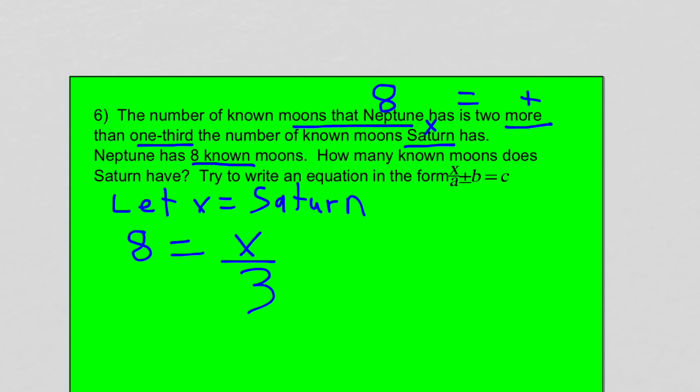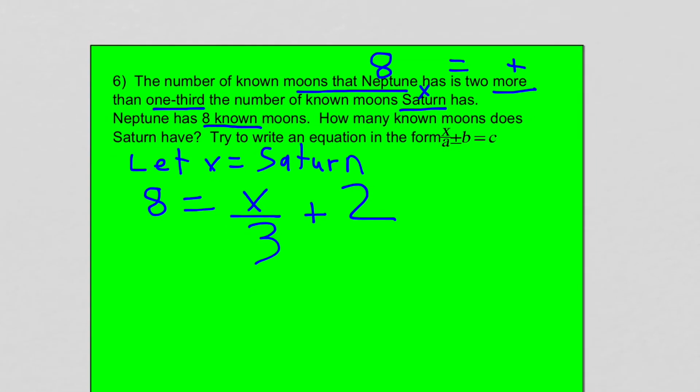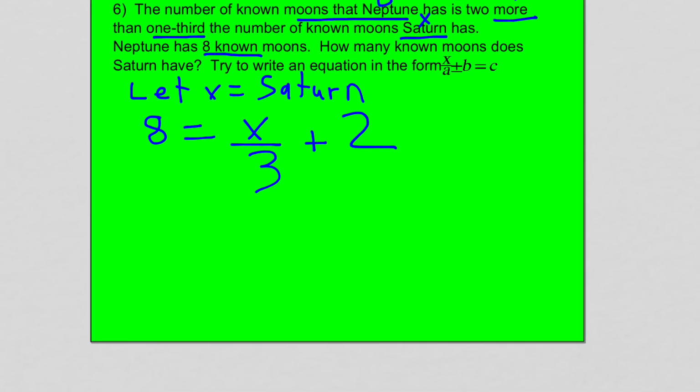And it also says 2 more than that, right? So 2 more than x divided by 3. And there's your math equation. Now, to look more like in this form, we would write it as x over 3 plus 2 equals 8.